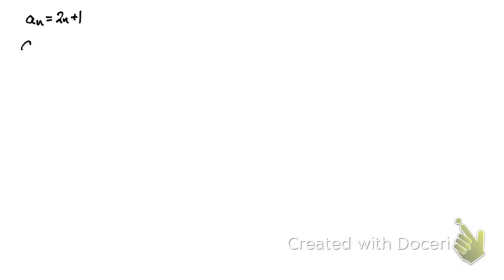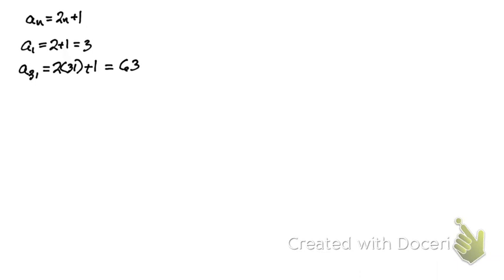And on your first day, you just have to read 2 times 1 plus 1, so that's 2 plus 1 equals 3 pages. On your last day, a sub 31, you're going to have 2 times 31 plus 1, which is 62 plus 1 is 63.